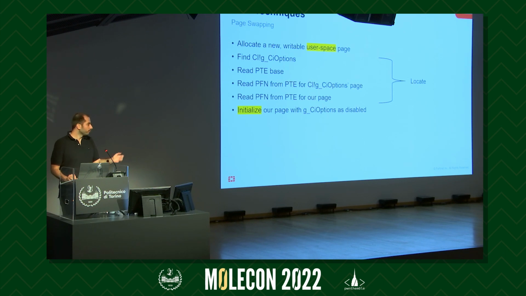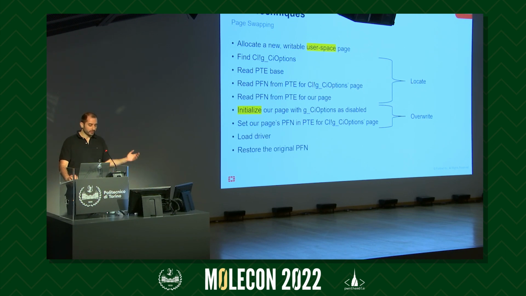And then we initialize the page to the value that we need to set the global variable, change the PTE just as we did before, load the driver, and restore the original PTE value.